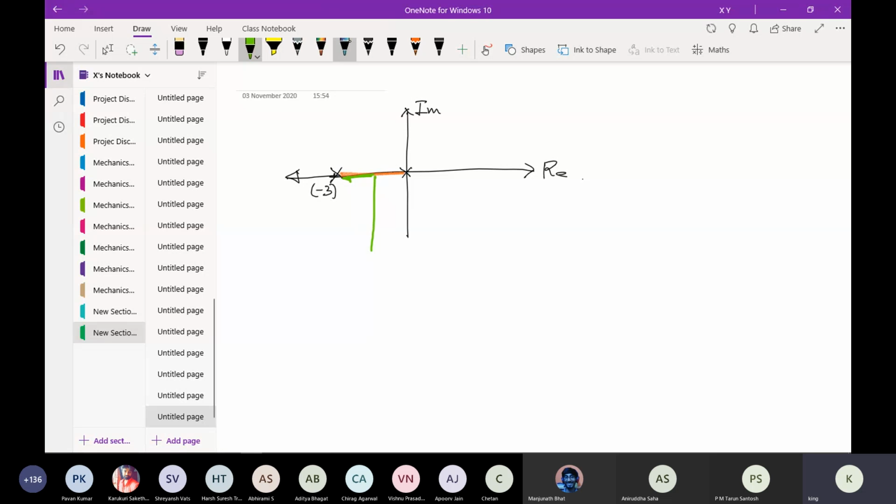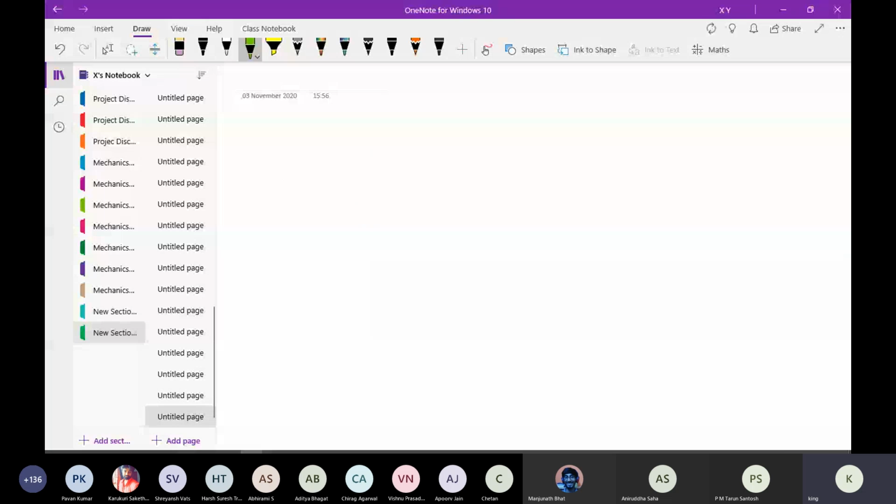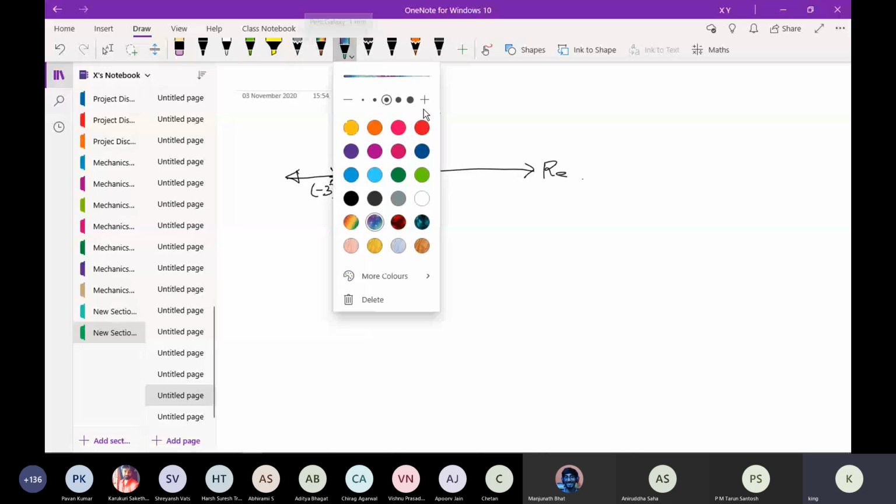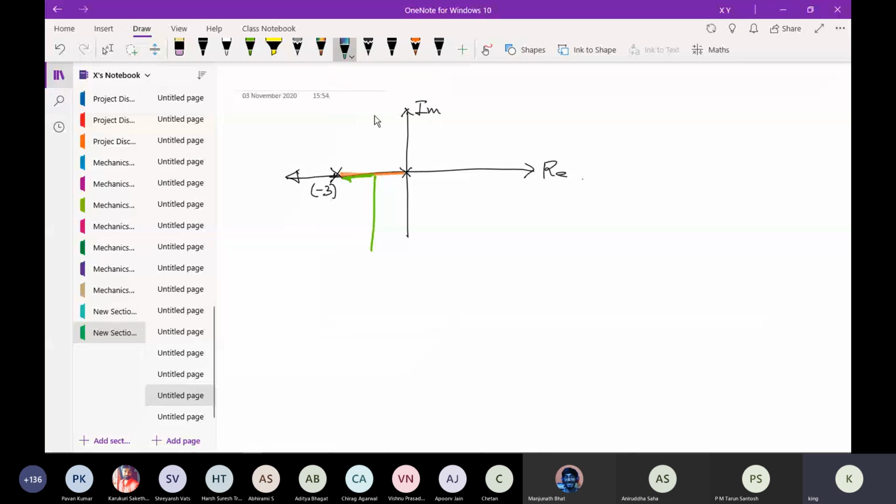I'm using an arrow to indicate the direction. So this is how the movement will be.